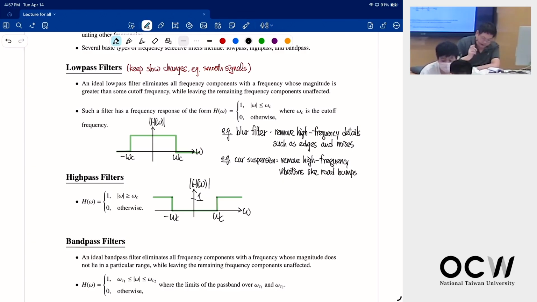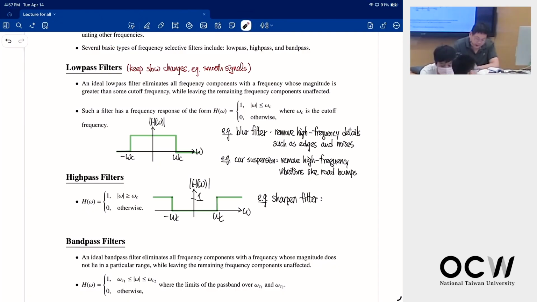For example, a sharpen filter just tries to enhance the edges. The blur filter, we said, is a low pass filter because we want to remove or eliminate the edges.